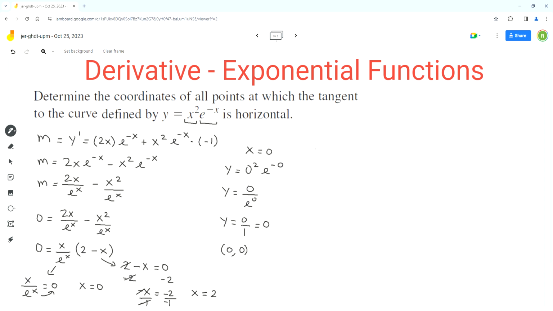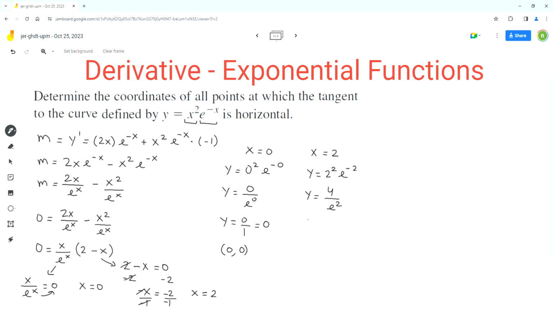Now for the second point, we should sub in x as 2 in the given equation. Now we know that 2 squared is equal to 4, and we can move e to the denominator to make the exponent positive. So this is the y value for x equals 2.